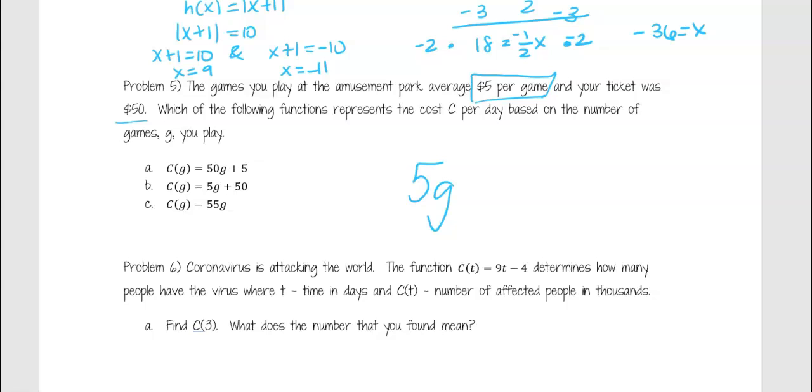If I play 1 game, $5. 2 games, that would be 10. 3 games, that would be 15. That's how I know I'm multiplying. And then I'm already up front paying $50. So that's how much I pay to start, and then $5 additional for each game. So that's why my equation is going to be B, 5G plus 50.